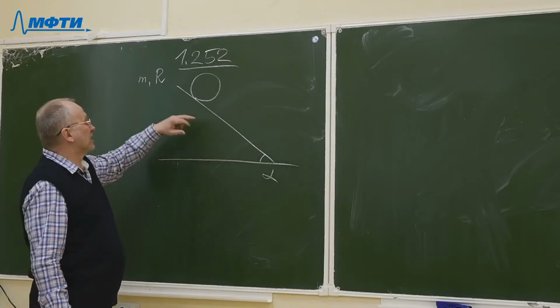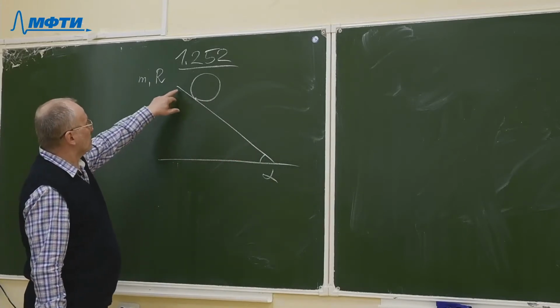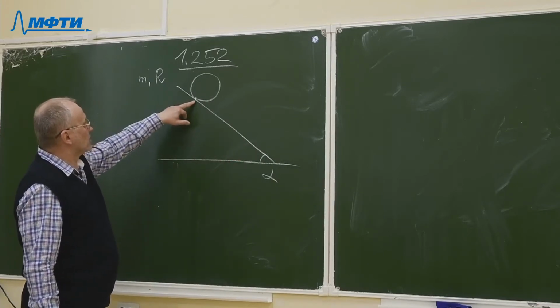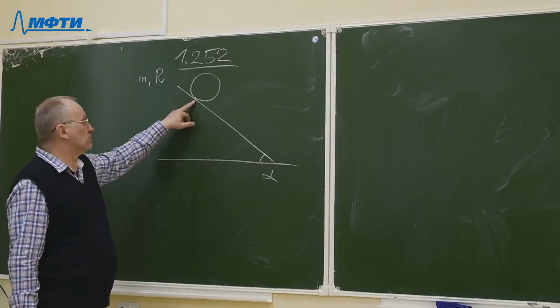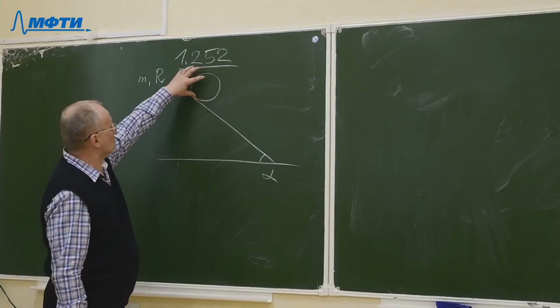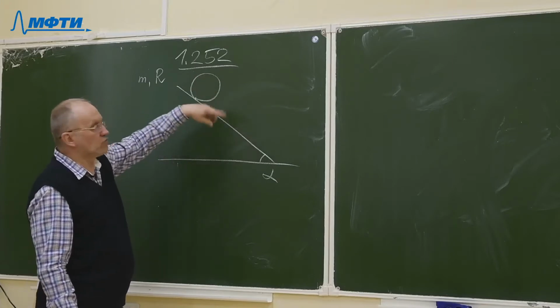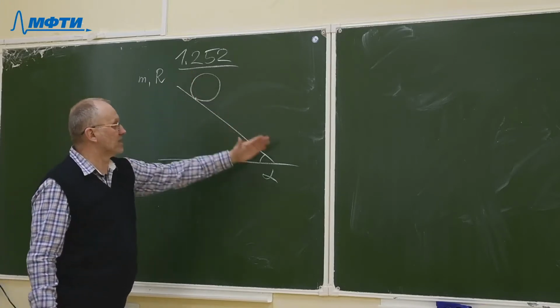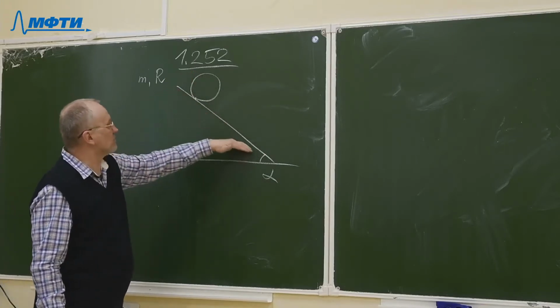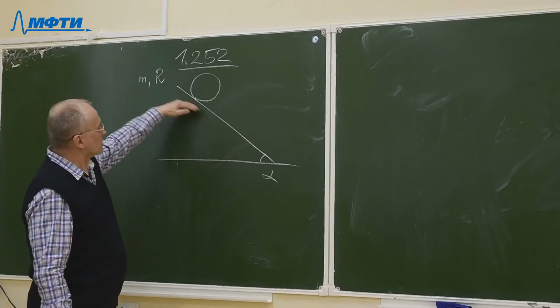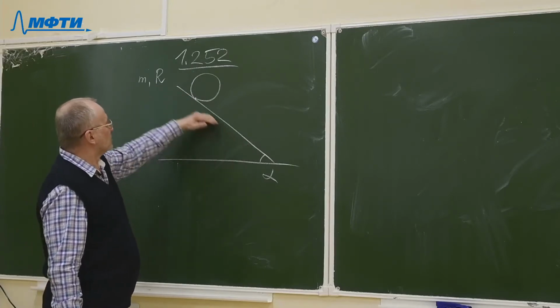It's obvious that in case the friction coefficient is 0 or close to 0, then the sphere would slip down without rolling, practically without rolling. It will slip down like from an ice hill, as if it were an icy slope.